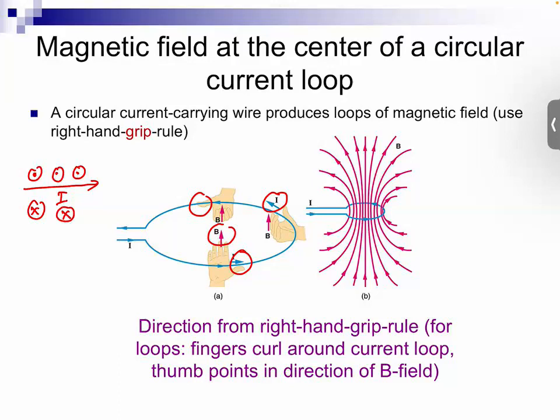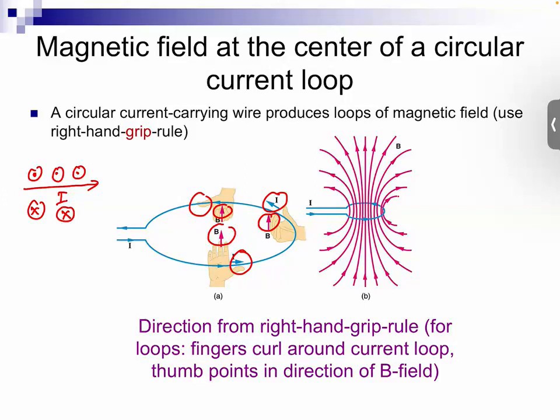Good, makes sense? So if we draw the magnetic field lines of a loop that's carrying some current, we draw it like this. Inside the loop, you have magnetic field lines that are always pointing upwards.